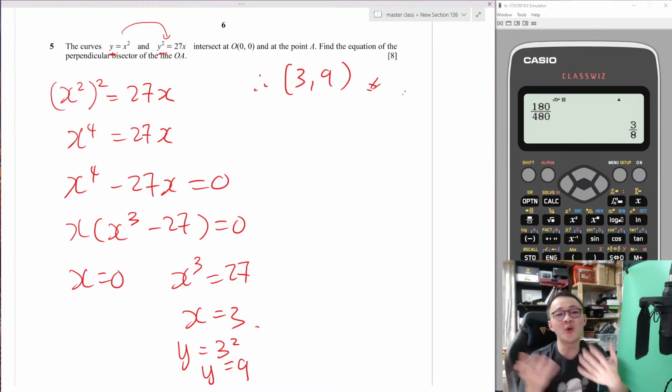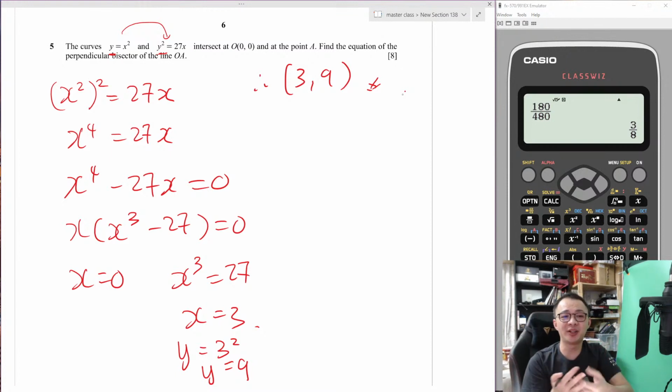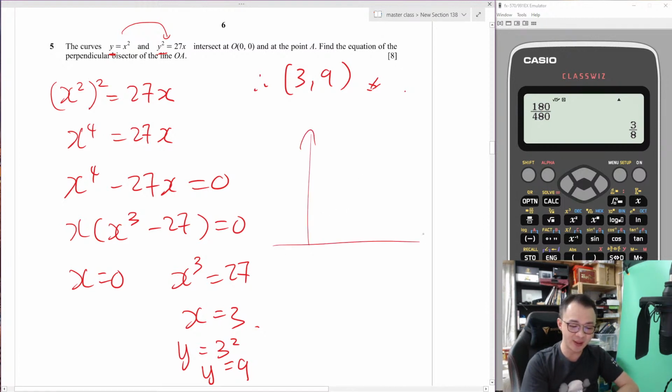Alright, after I got the OA, I want to find a perpendicular bisector. So what is a perpendicular bisector? Let's say O is (0, 0) and A is (3, 9), about here. This is A. This is O. This is OA.